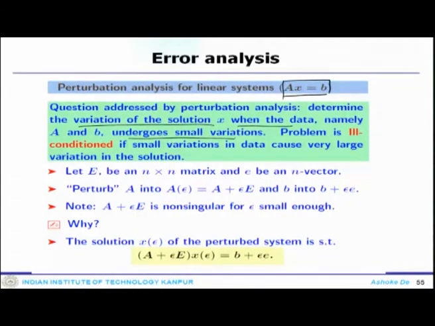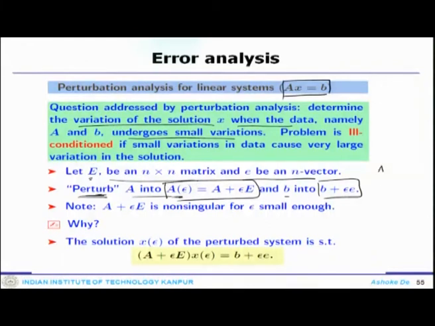So, let us say E be an n by n matrix and small e be an n vector. You perturb A into A plus epsilon E and b into b plus epsilon e.